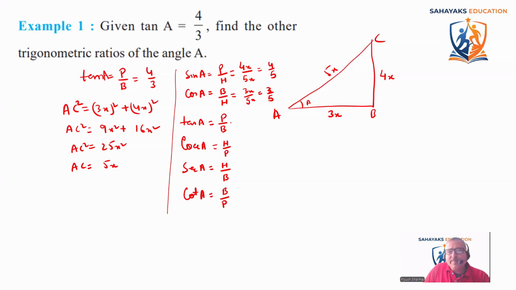Tan A will be equal to 4x divided by 3x, that comes out to be 4 by 3. And the other values: cosec will be 5 by 4, sec will be 5 by 3, and cot will be 3 by 4. So this is the way we could find the trigonometric ratios.